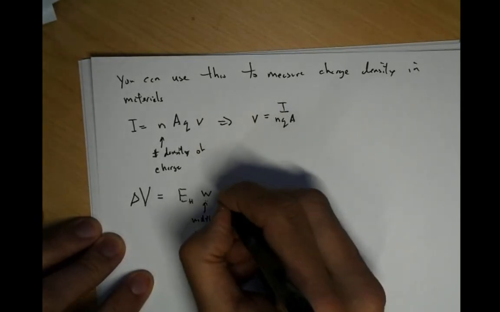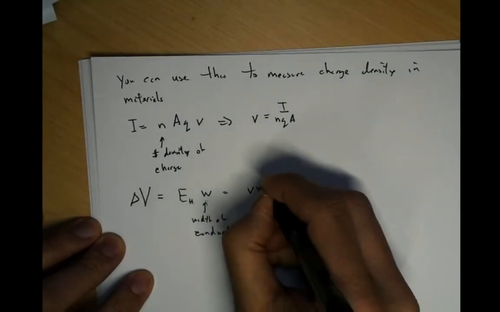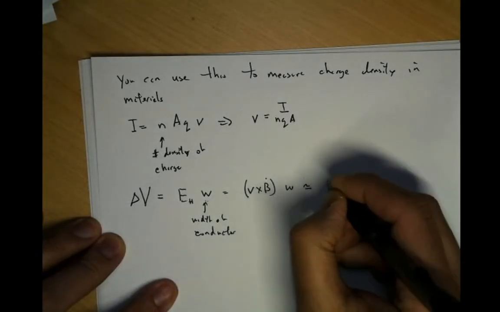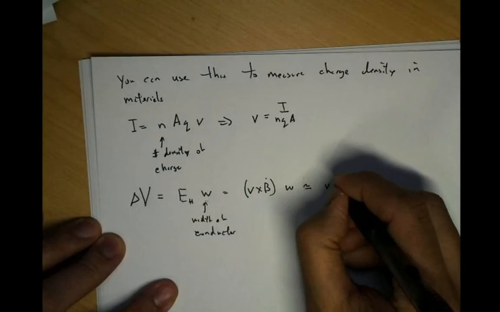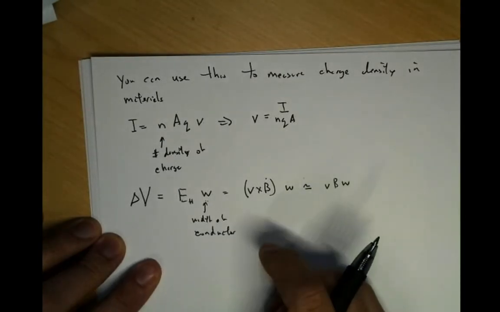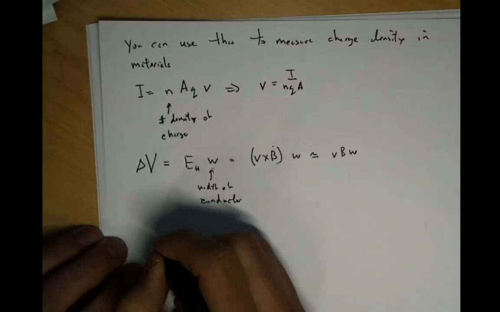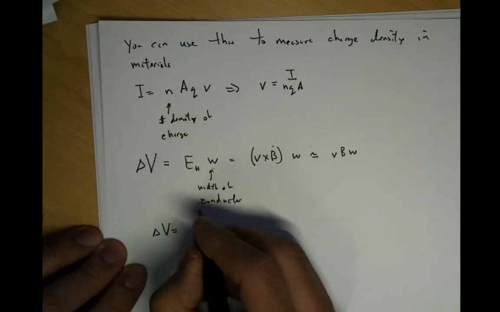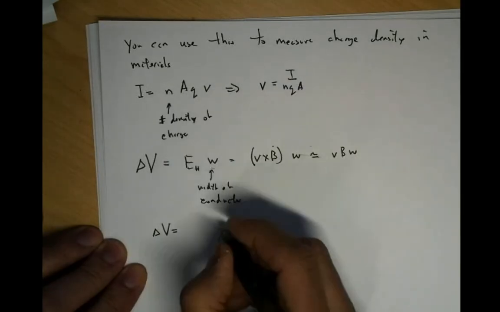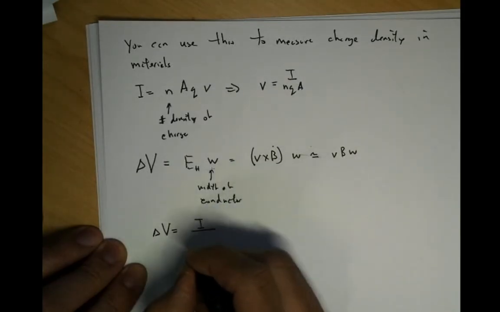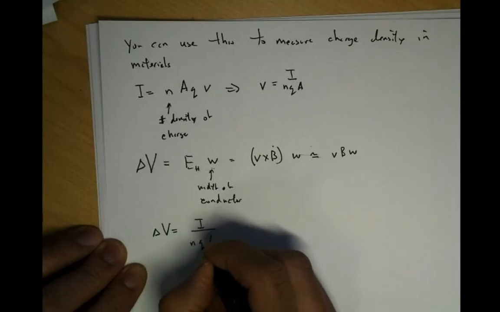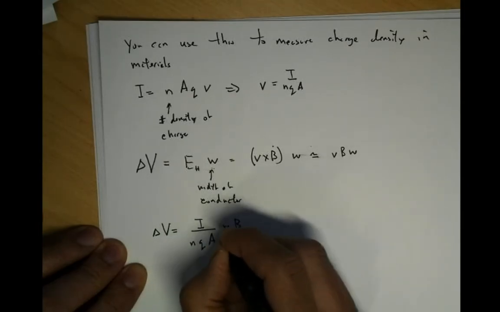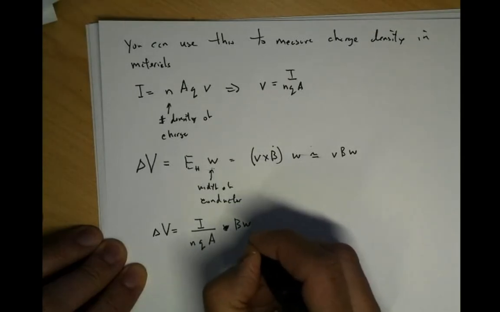That's going to be equal to V cross B times W, which is roughly, if these are all perpendicular to each other, V B times W. And so what we have is delta V is equal to, let's plug this part in there, I over n Q A times B times W.